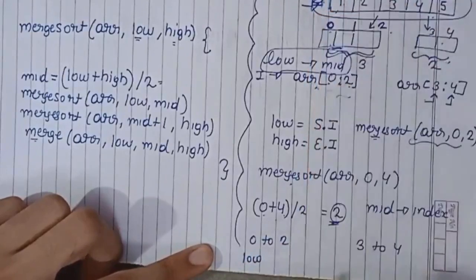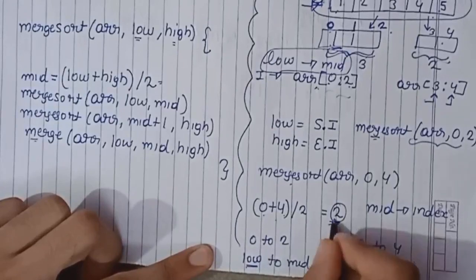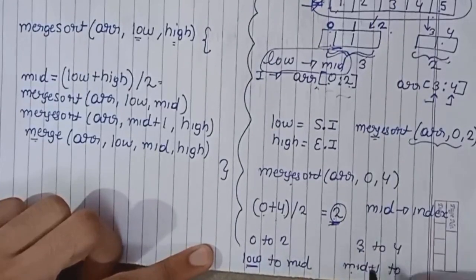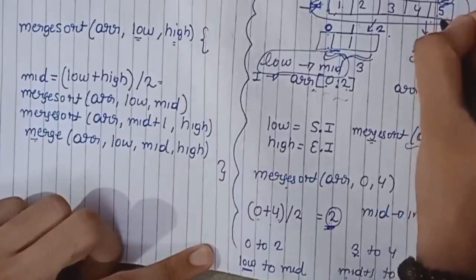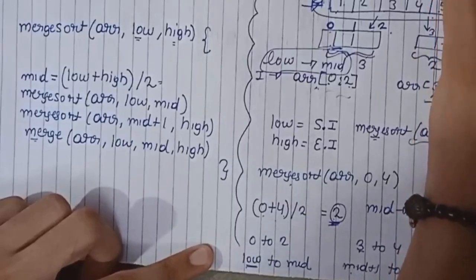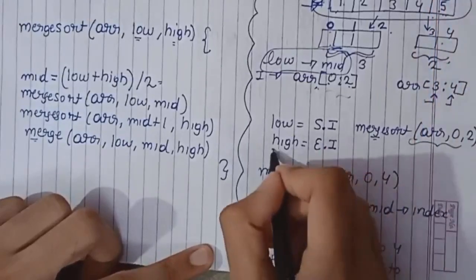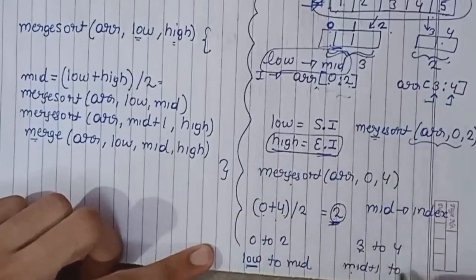So the first array will be from low to mid, and the second array starts from 3, that is mid plus 1, 2 plus 1 is 3, and it goes on till 4, which is the ending index of this array. I will say it to be high, because high symbolizes the ending index of an array. So it is from mid plus 1 to high.